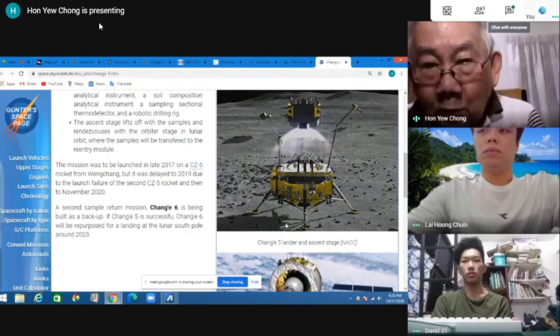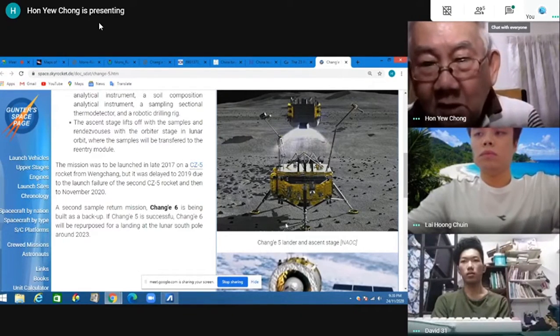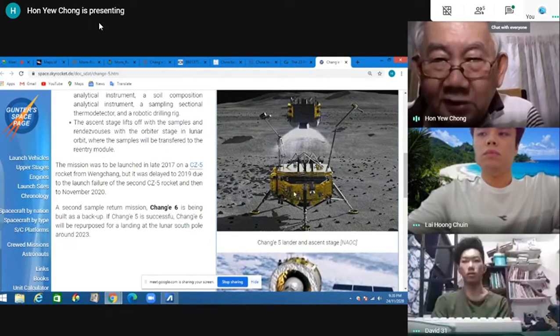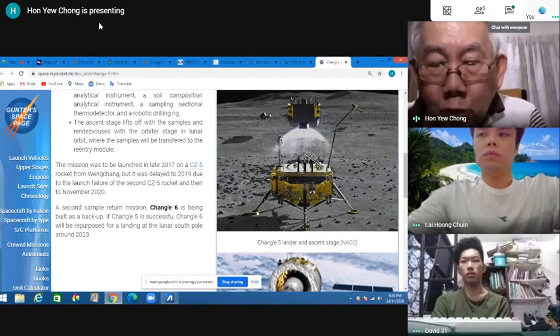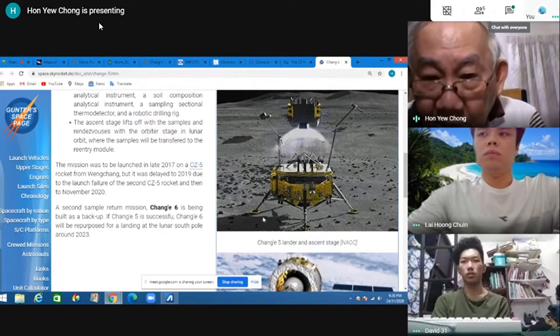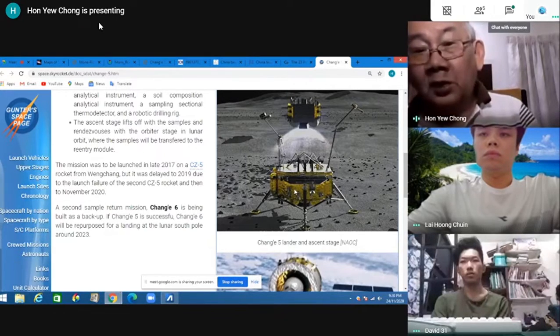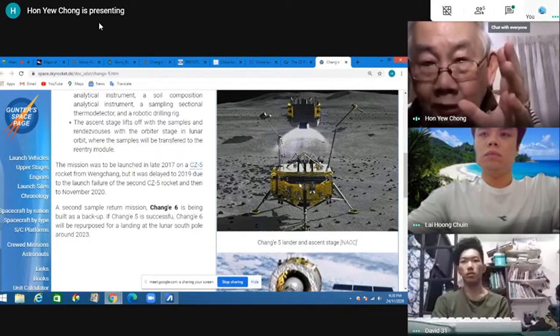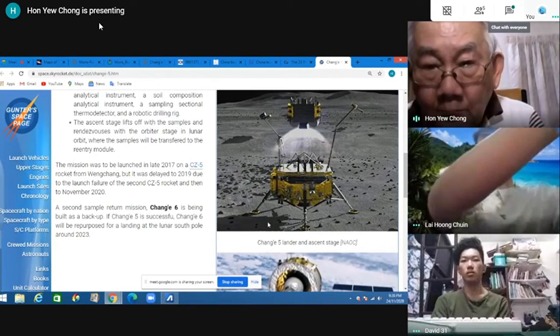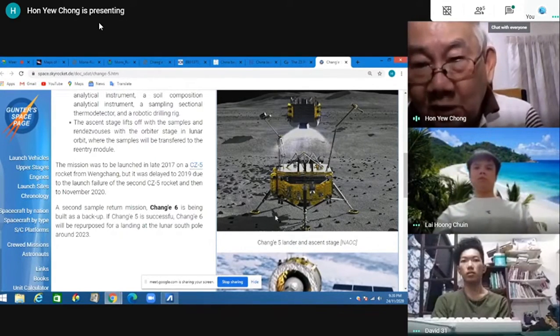About 2 kilograms or more of the lunar material is put into a container. At the same time, a robotic arm will come out with a scoop. So they will also scoop some surface material from the moon surface and put it in the container also. So in the container will be the lunar material from the surface down to 2 meters deep, and also the scooped material from the moon surface.